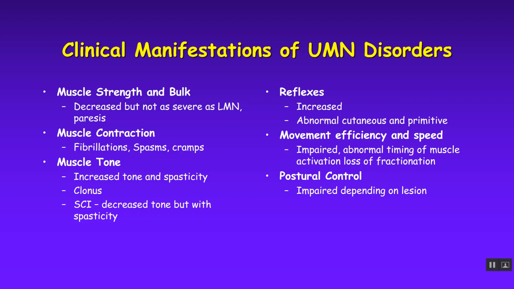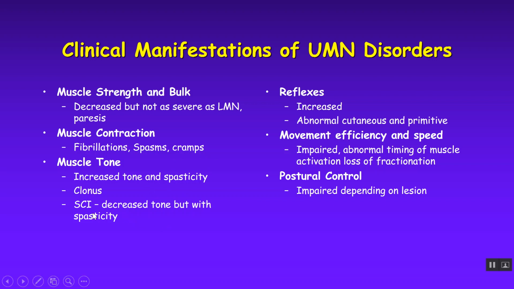You still have the reflexes that keep the muscle bulk a little bit more. You get some atrophy, but it's not as profound. They're not truly flaccid, maybe unless they have that initial spinal shock or initial neural shock, okay? They may have fibrillations. They may have spasms. They may have cramps. They have increased tone and spasticity eventually. After the initial injury, it might take a week or two, then they have increased tone and spasticity.